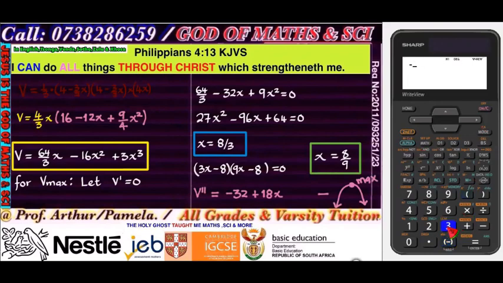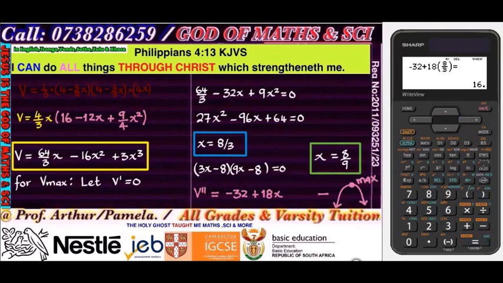I've got negative 32 plus 18. If I get positive, then I know the answer should be the other one. Let's use 8 over 3 and see what that gives me. That gives me positive. So that means the blue is for the minimum.